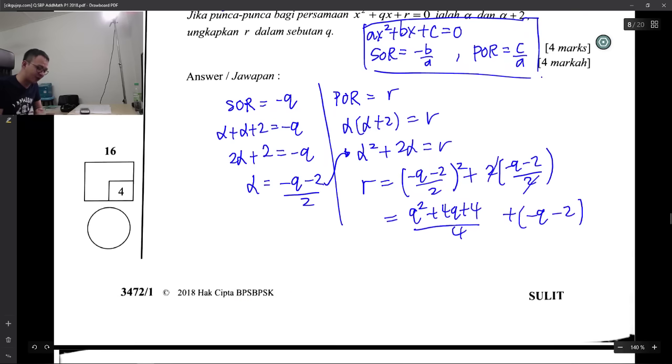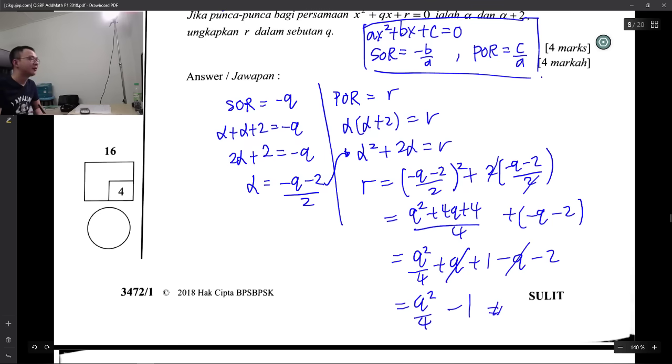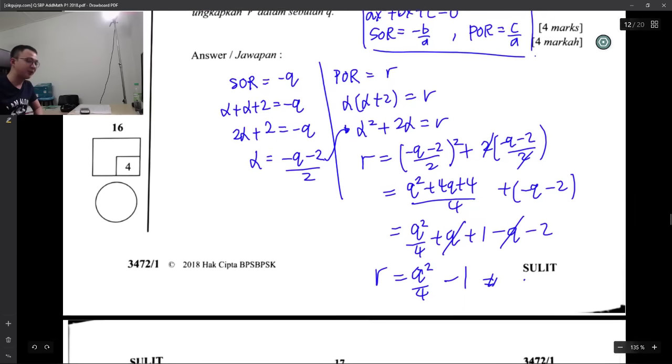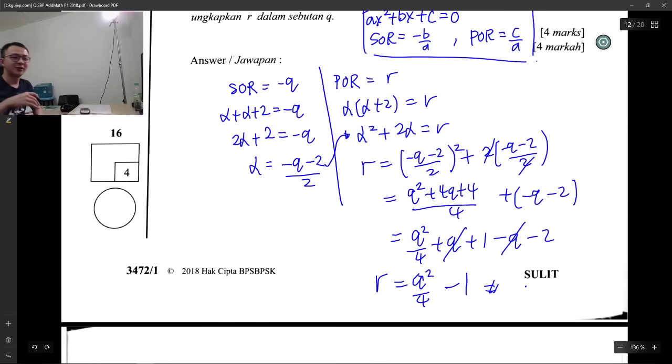Then I will solve this one. So this is q squared over 4 plus q plus 1 minus q minus 2. So this should be minus 1. Alright, not too hard. So r actually equals q squared over 4 minus 1. So far so good, I hope. This is a simple question.